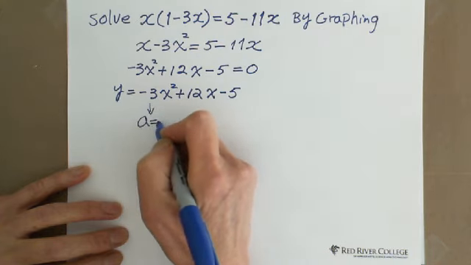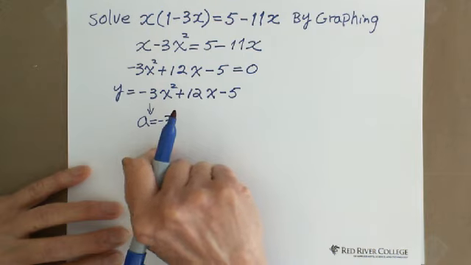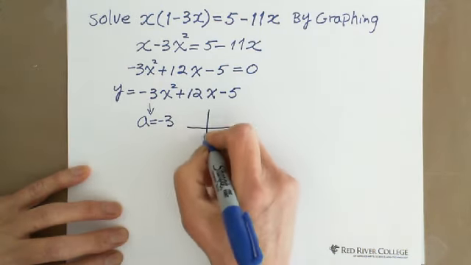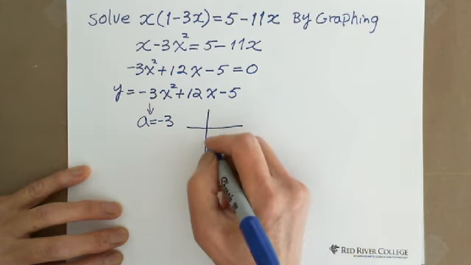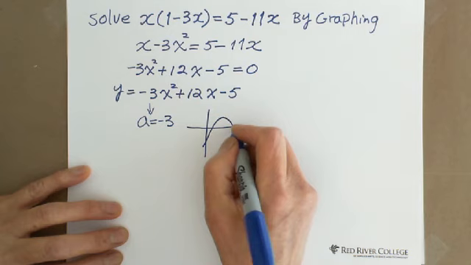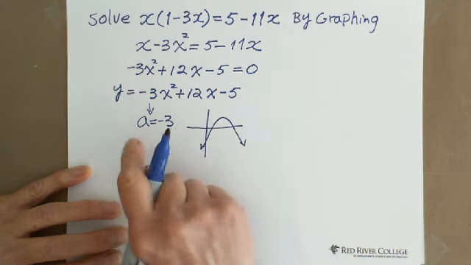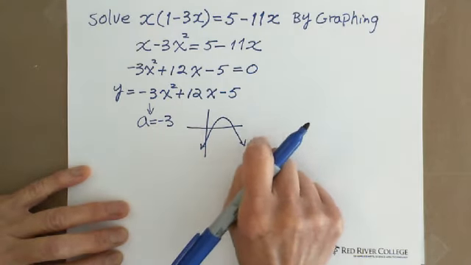A equals negative 3. That tells you the parabola opens downward. If A is greater than 0, then it opens upward.